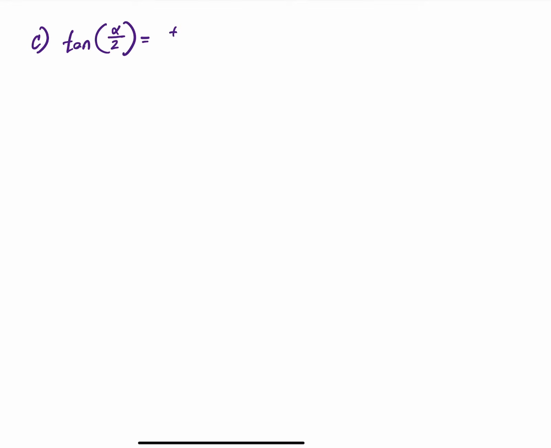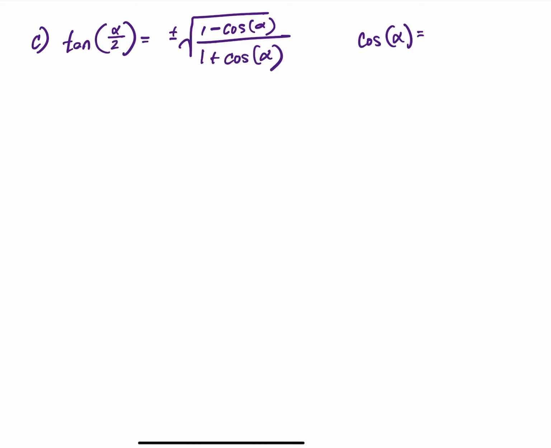I'll rewrite the formula: plus or minus square root of 1 minus cosine alpha over 1 plus cosine alpha. And just to recall, we said cosine alpha was negative 3/5.